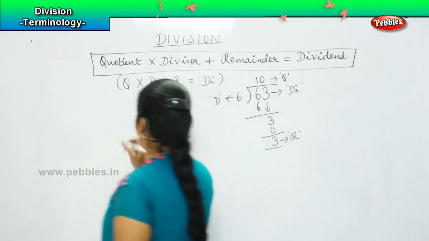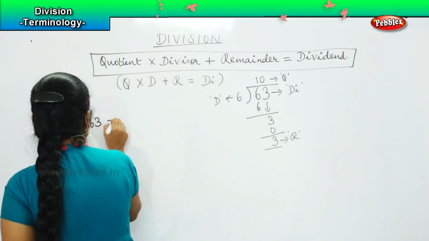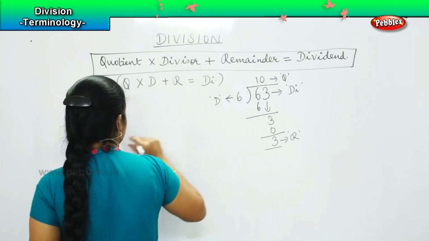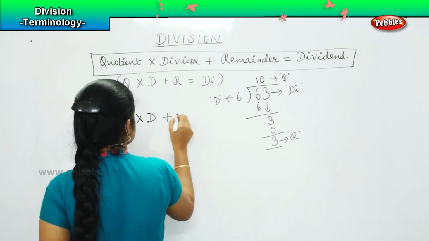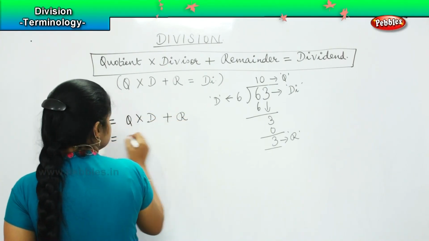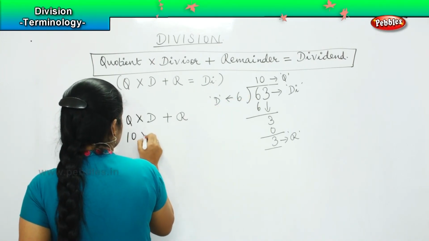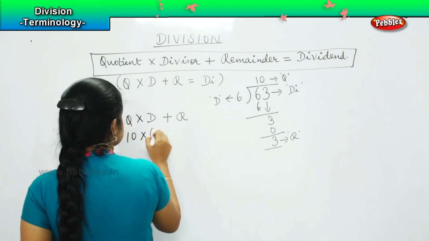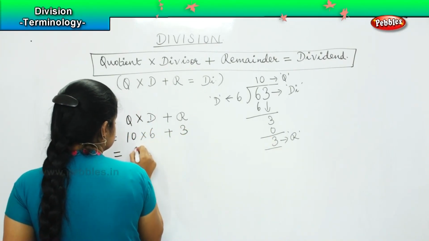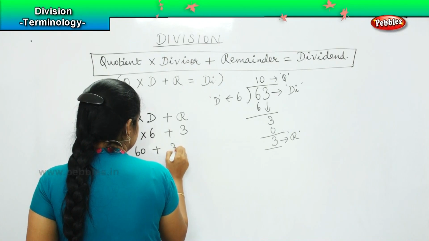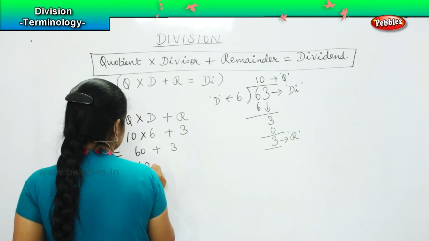Okay. So now 63 is equal to, we have written, quotient into divisor plus remainder, which is nothing but 10 into 6 plus 3, which is nothing but 10 sixes are 60 plus 3 equals 63.